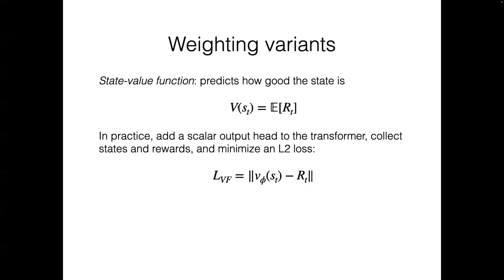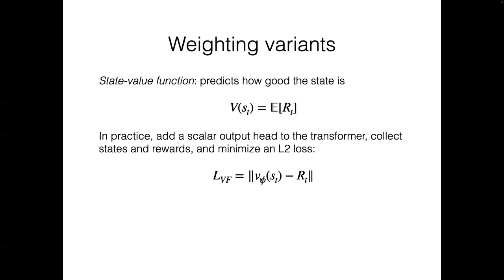In practice, the way to train one of these value functions is you basically generate a bunch of rollouts. So you generate multiple outputs and you get rewards for them. You can use discounted rewards if you want. And then you train a model to predict what is the return from this particular state.